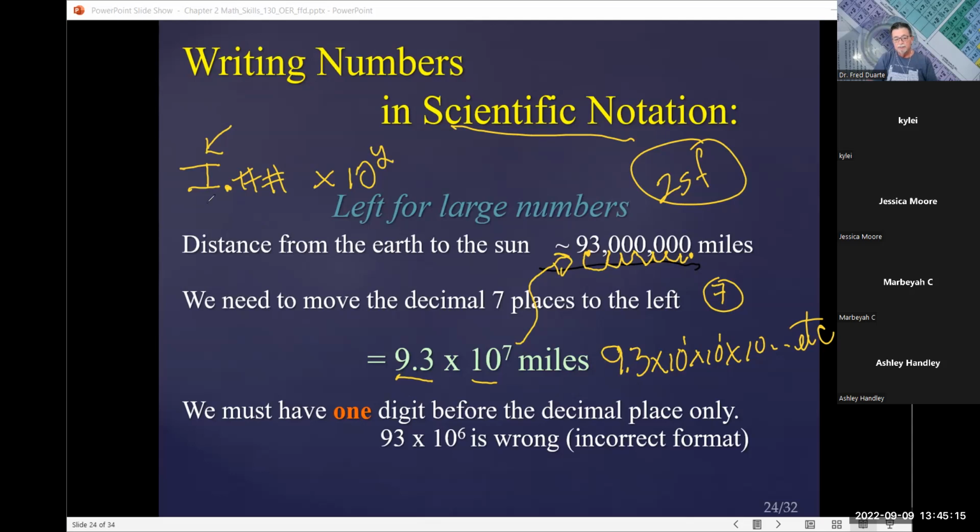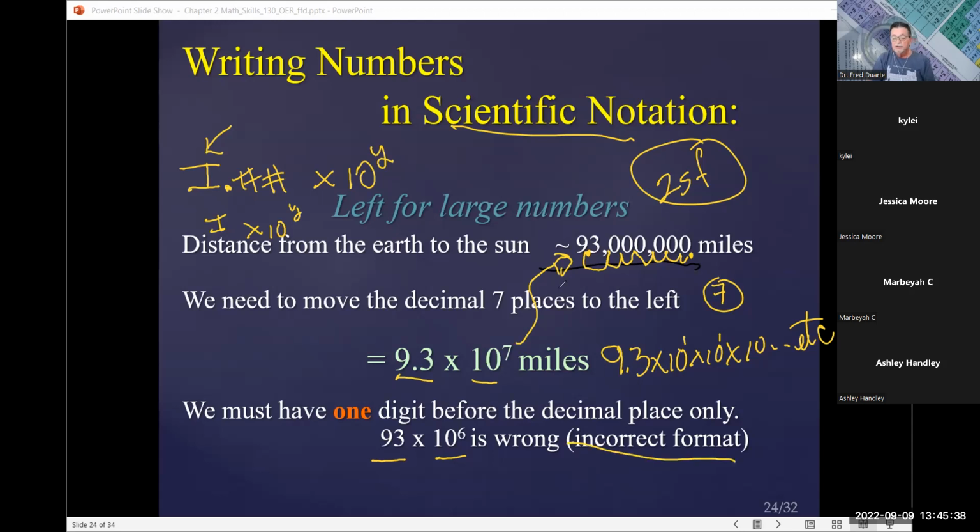So sometimes it may be written with whatever number of sig figs you're going to put in it. Sometimes it could be just the I by itself, times 10 to the y, but that is the format. If you write, for example, 93 times 10 to the 6th power, that would be wrong because it's the incorrect format.